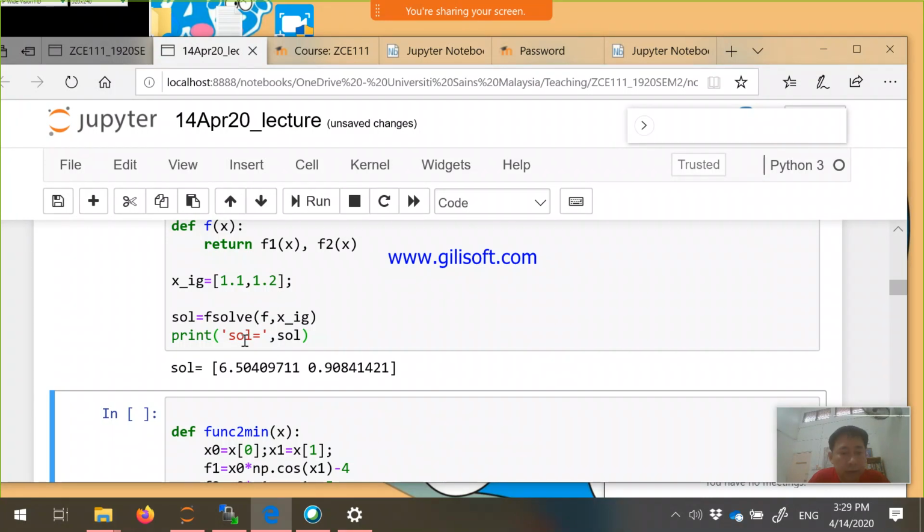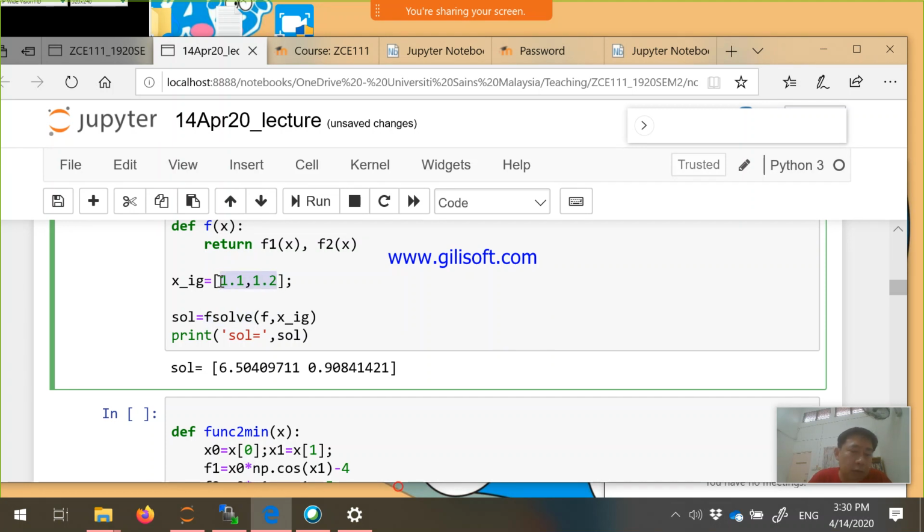Now what is this solution? This solution actually is the values of x0 and x1. So we try out the initial guess to be 1.1 and 1.2. Then the fsolve will try to find, from this initial guess, the correct values of x0 and x1 so that f becomes 0.